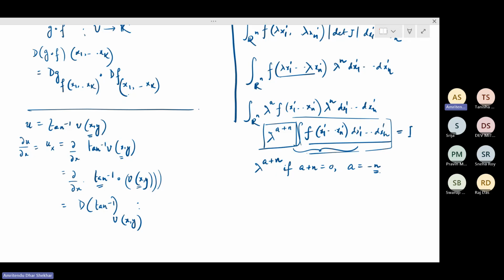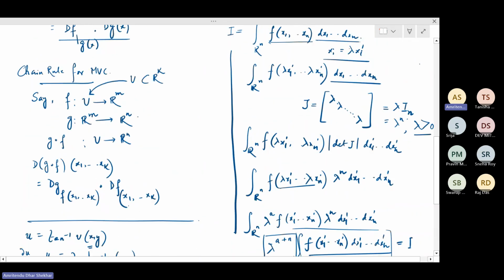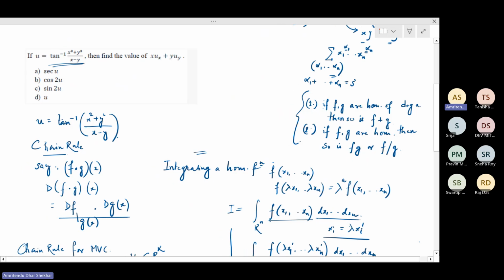If it was not a partial derivative, you would have to take the full derivative. So this is del upon del x of v at the point x comma y. The rest is just computation, which you should be able to do. I'm leaving this calculation for you to finish.